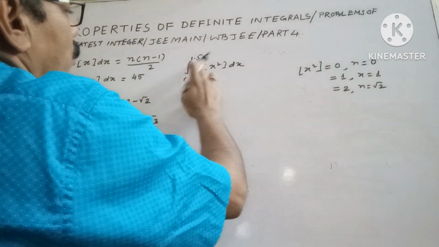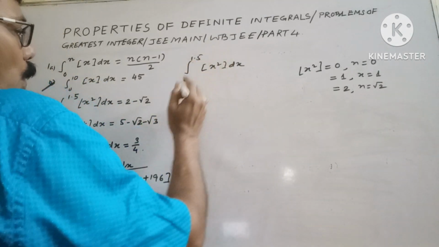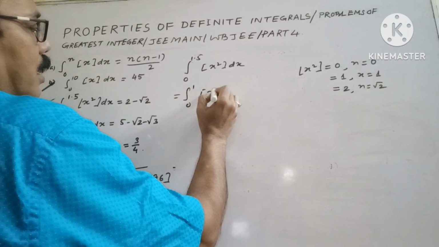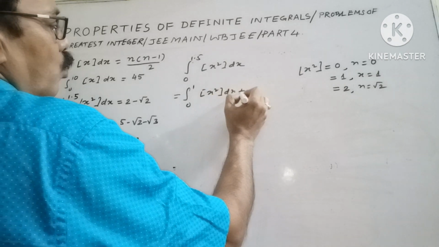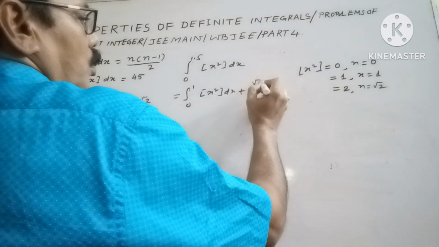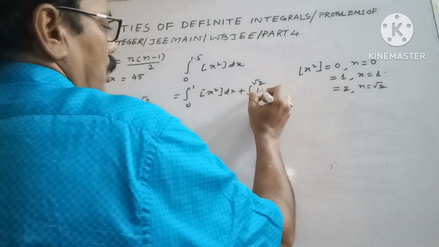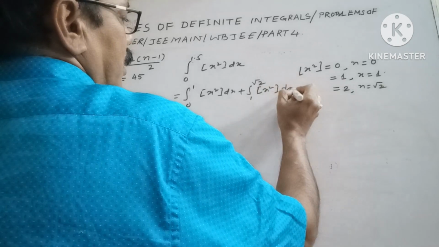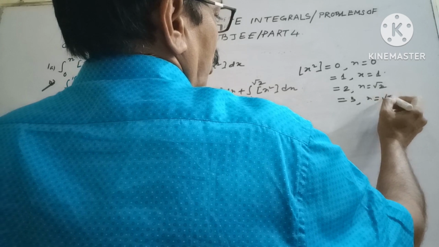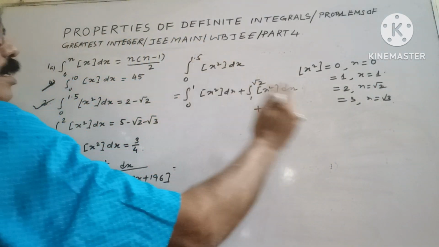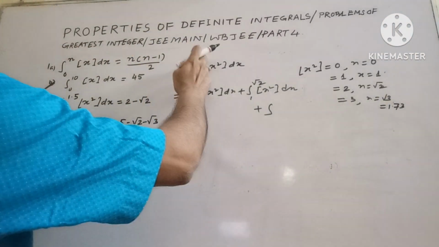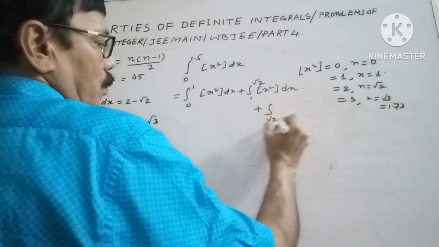So for 0 to 1.5, you expand it in this form: 0 to 1, third bracket x square; then 1 to root 2, third bracket x square dx; now it is 3 at x equals root 3, but root 3 is 1.73, greater than 1.5, so no need of taking this.